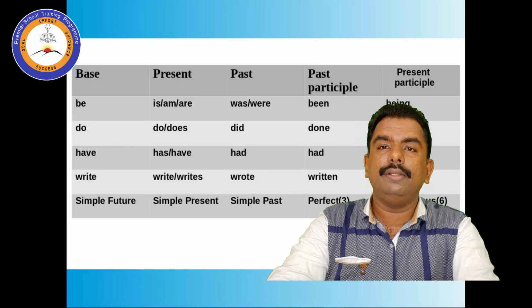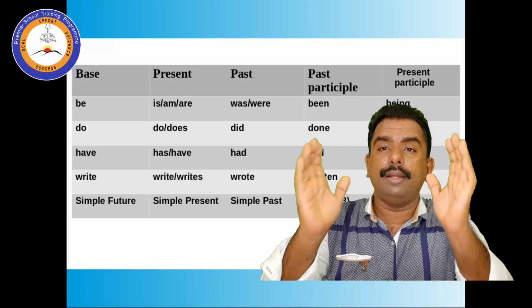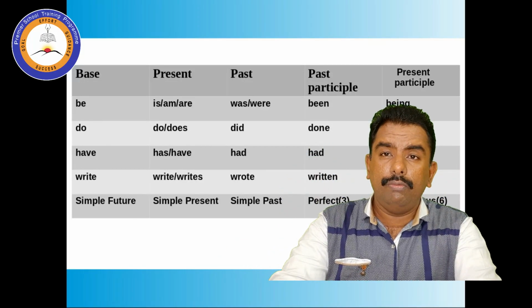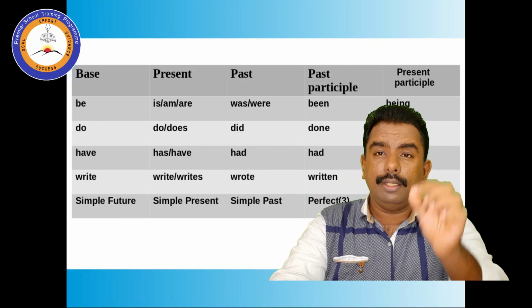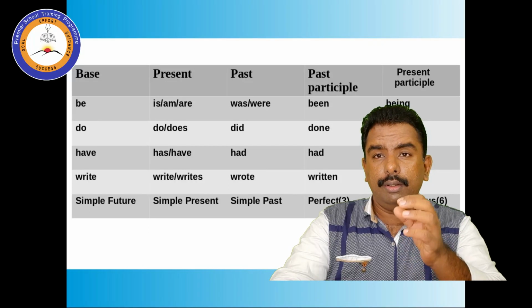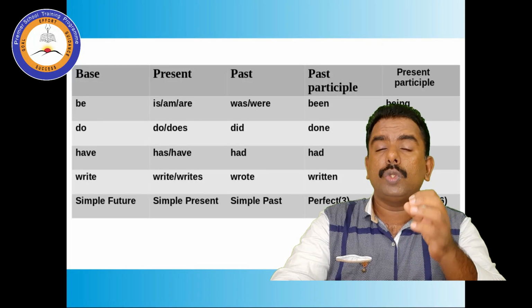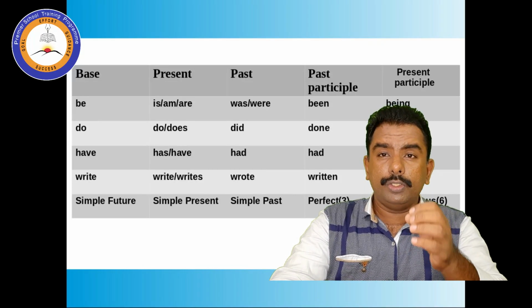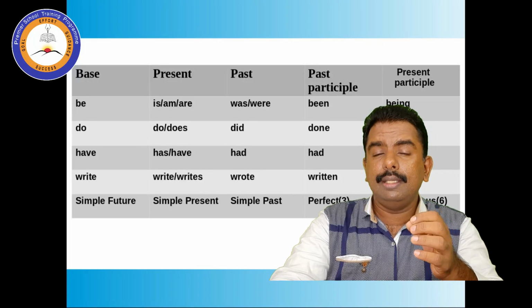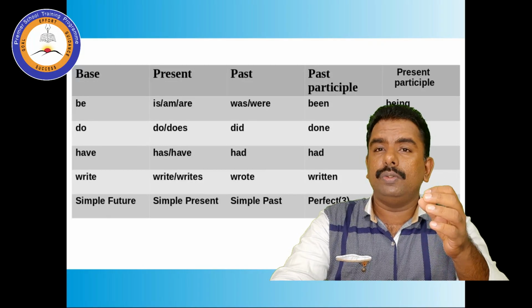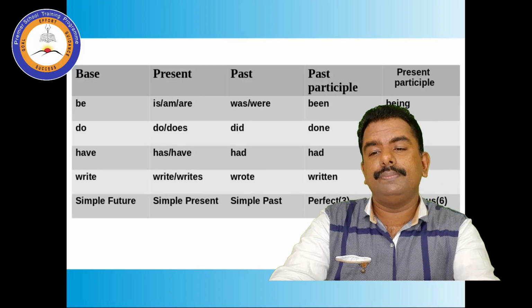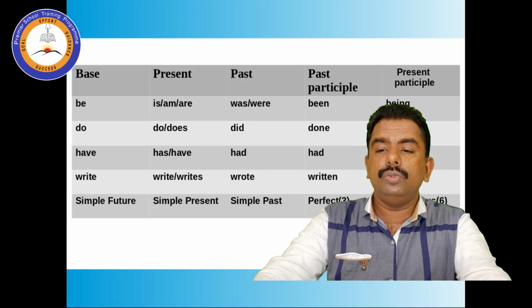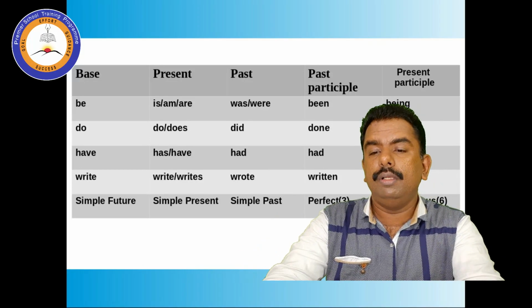I think it's very clear. You have to learn these verb forms by heart because we need them when you are trying to solve the problems of reported speech, passive voice, conditional clause, etc. in your higher classes.